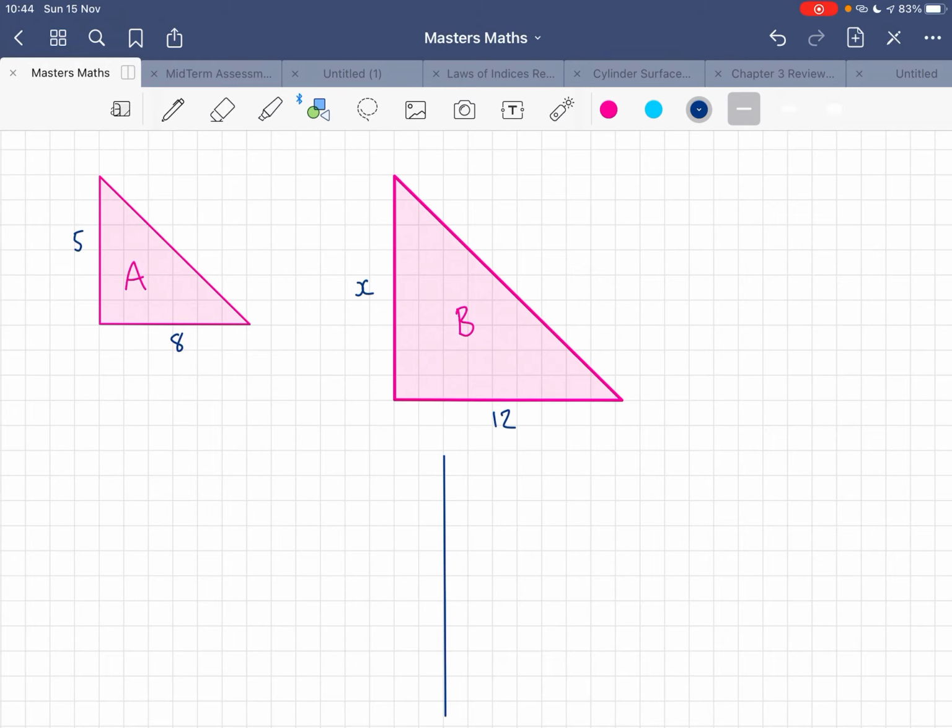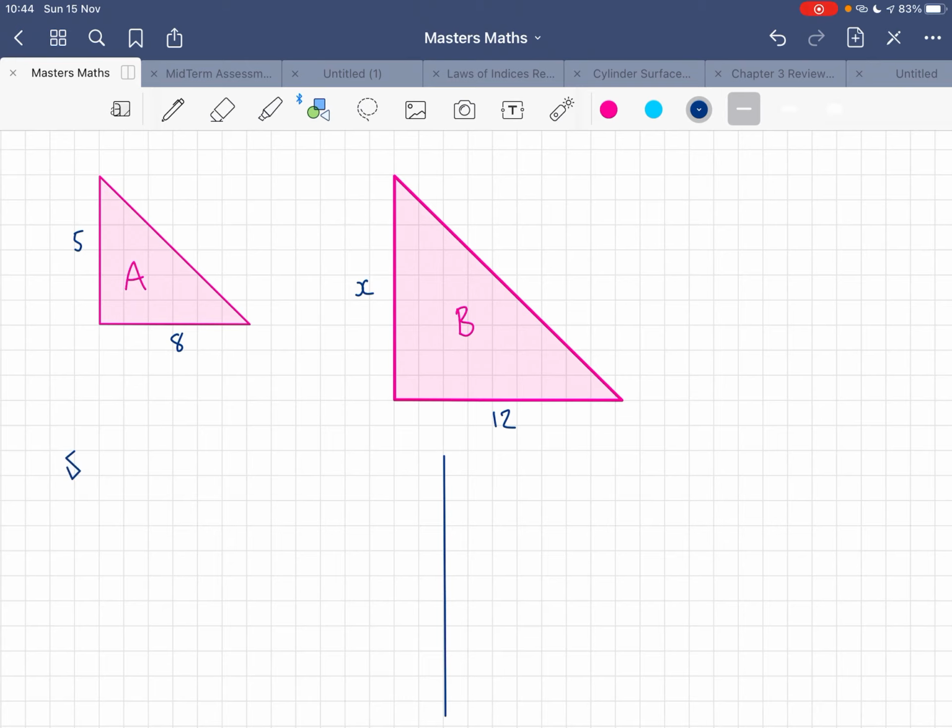The scale factor way is possibly a little bit easier, but the fraction way will hold up more in different types of questions. The fraction method will be more useful in more difficult questions, which we'll see on the very last example that I do. But we'll do the scale factor way first.